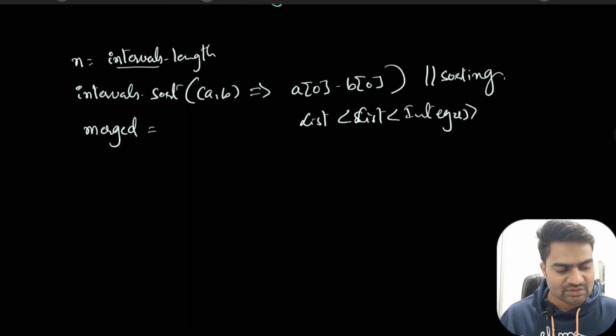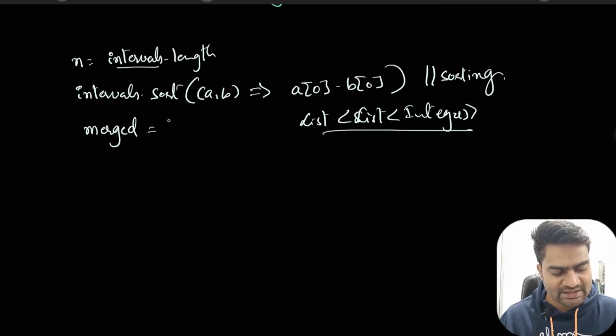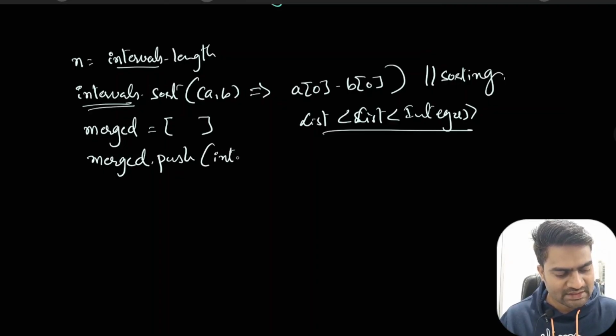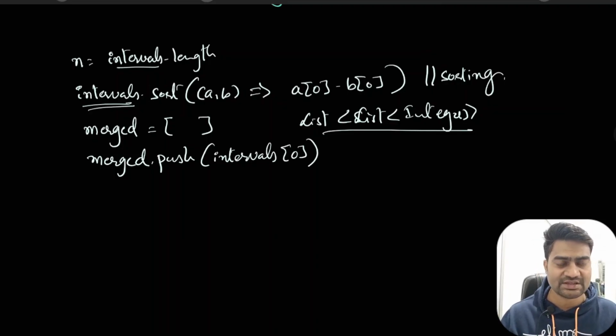So I will take it as an empty array. Then I will push the first element from the intervals. So merged dot push of intervals of 0, or you can do add in Java. So this is the first value.